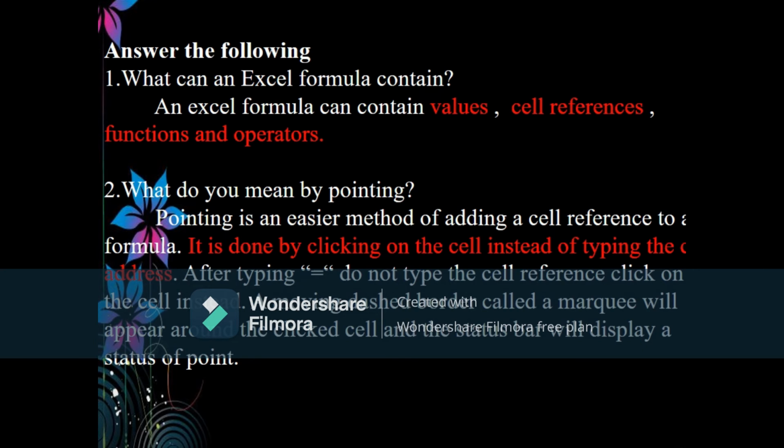We don't need to give the cell address. A marker will appear around the clicked cell, and the status bar will display the status as Point. That is called pointing.